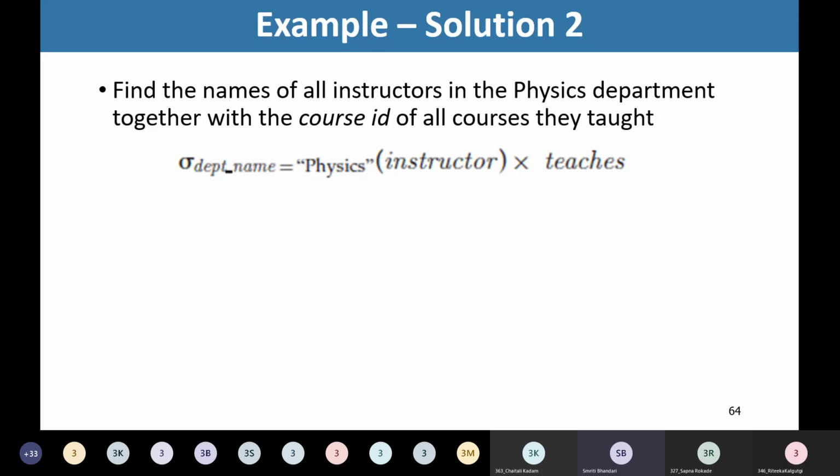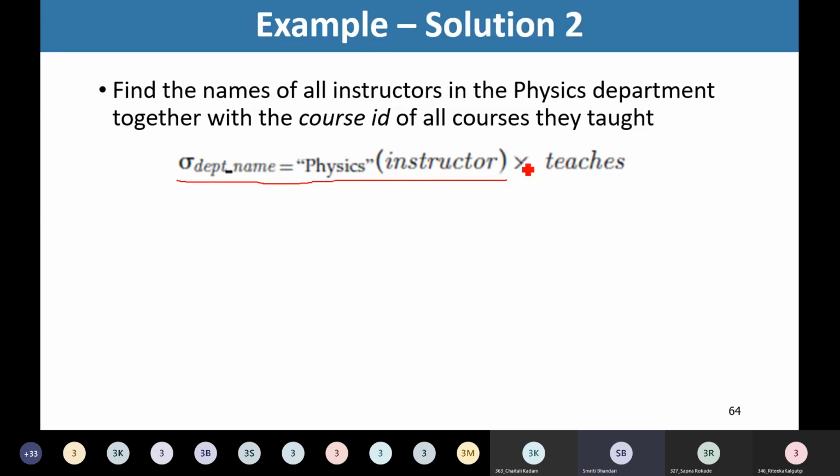So we may write the solution for the same problem like this also. Instead of initially taking the cross product of instructor and teachers, first of all we make use of this select statement to extract the tuples from the instructor relation that belong to the physics department.